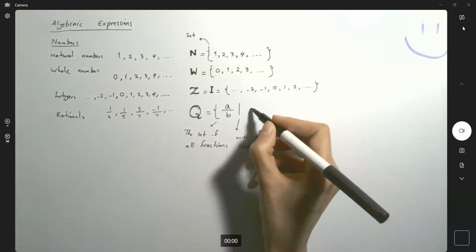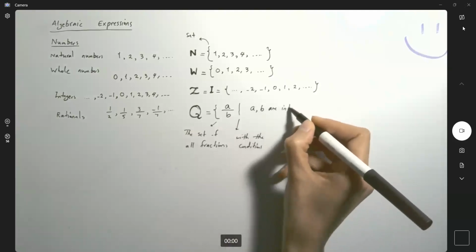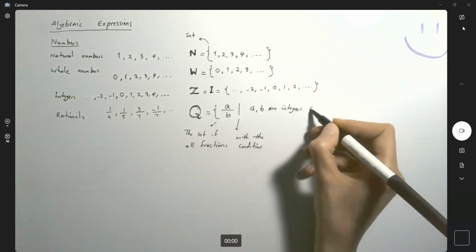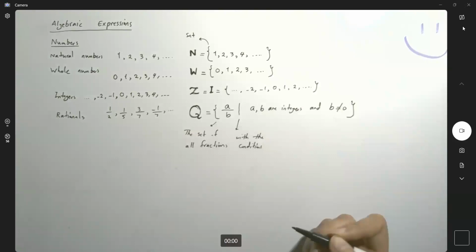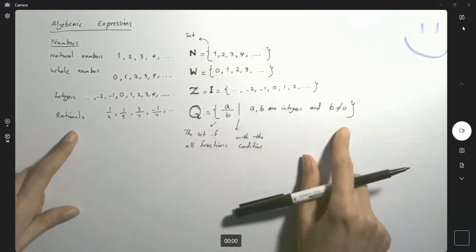The conditions: A and B are integers, but B cannot be 0, and B is never 0. So we introduced a new set, mathematically defined this way.